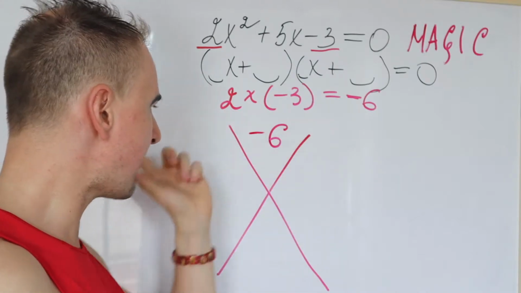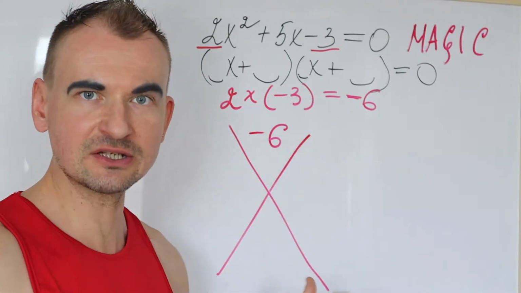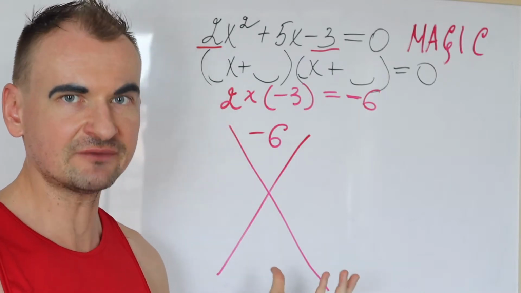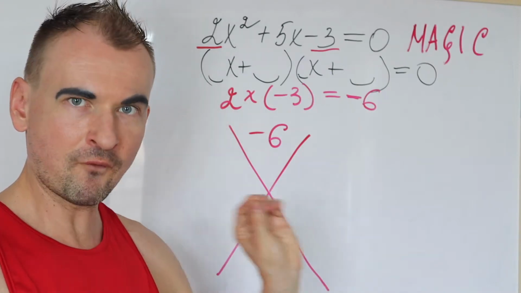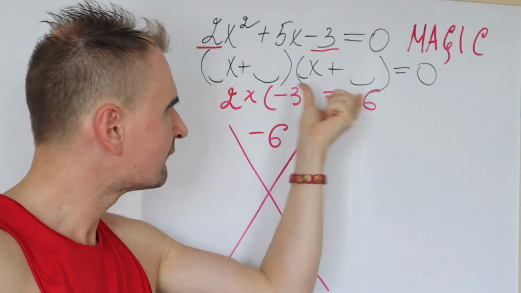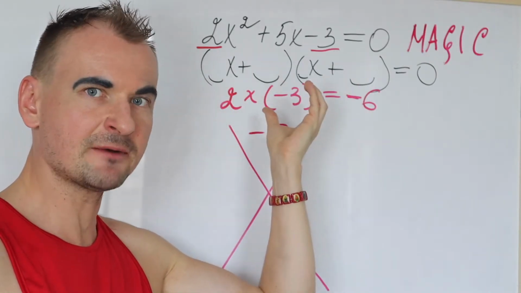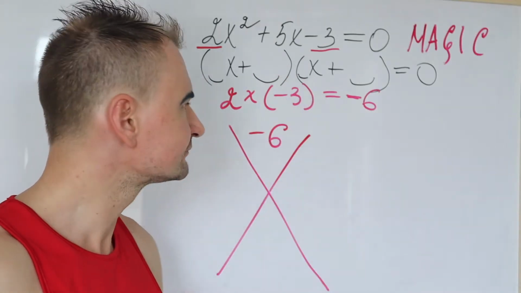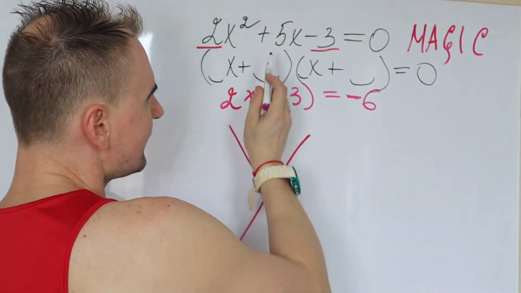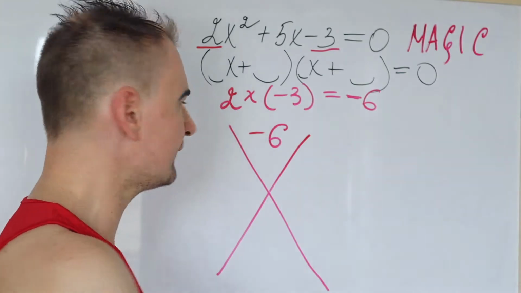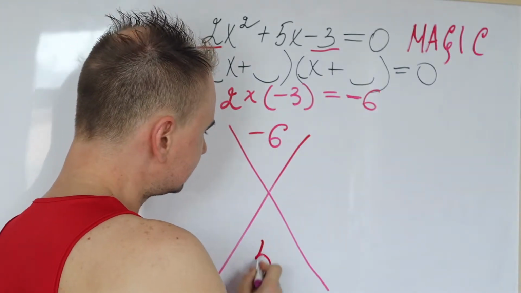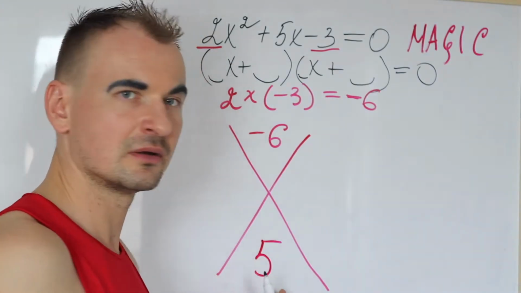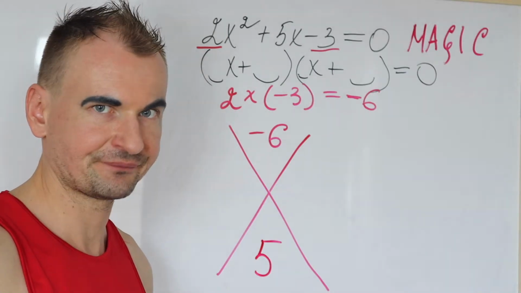So we draw a big x, a huge x, that we're going to use for factoring. Actually, we did factoring of our quadratic. Now, the middle coefficient, which is 5, goes on the bottom of your x.